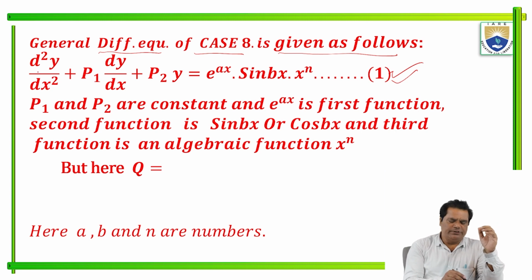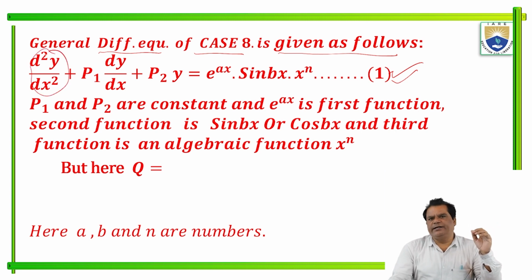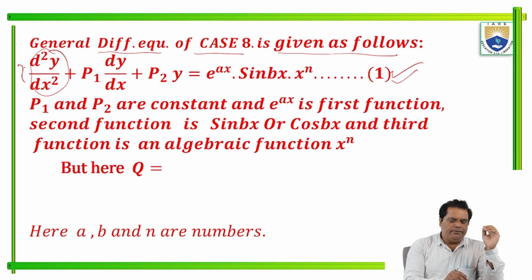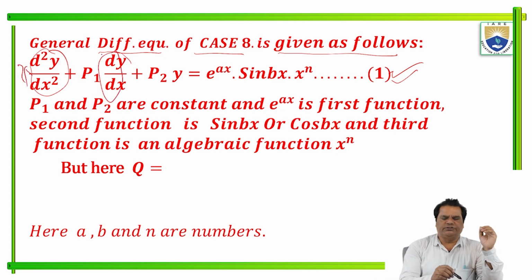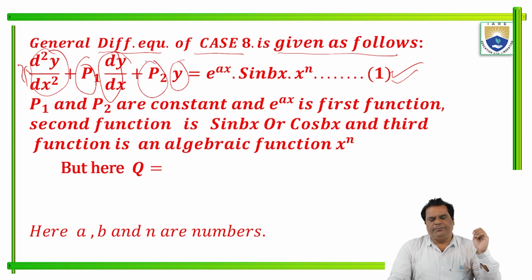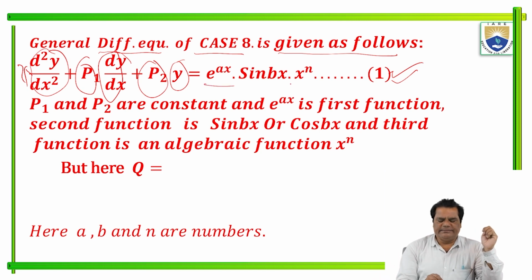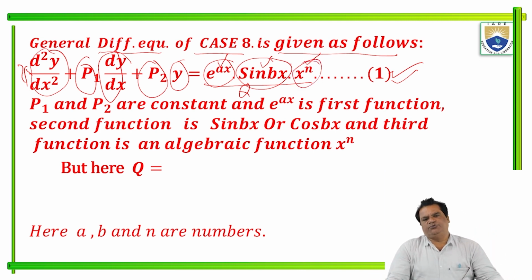Now the equation is d2y over dx2, the second derivative, multiplied by 1, plus dy/dx, the first derivative, multiplied by p1, plus p2 multiplied by y, our function, equal to the right hand side. This is Q. In Q there are three functions: first, the exponential e to the power ax; second, sin bx, the trigonometrical function; third, the algebraic function x to the power n.